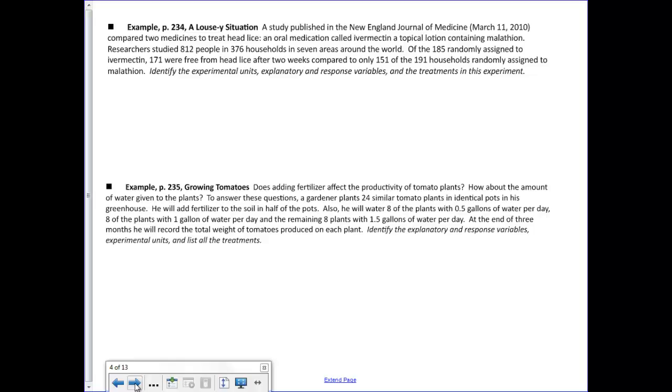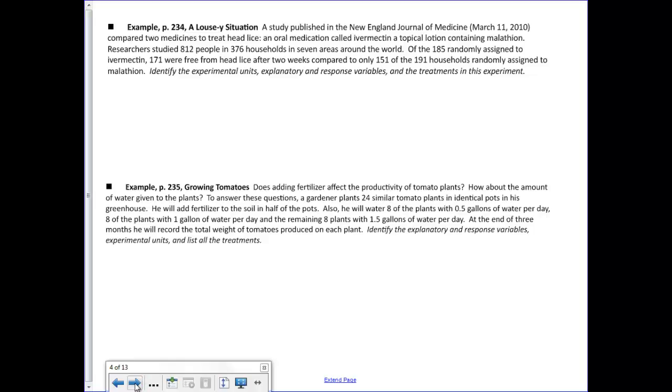Of the 185 randomly assigned to ivermectin, 171 were free from head lice after 2 weeks, compared to only 151 of the 191 households randomly assigned to malathion. Identify the experimental units, explanatory and response variables, and the treatments in this experiment.